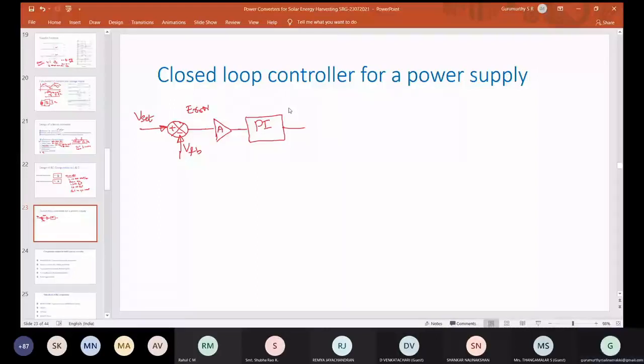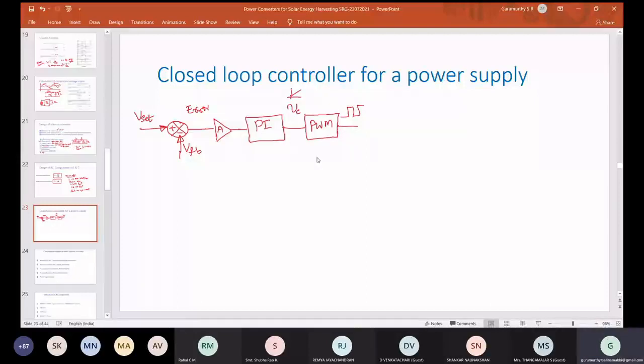That's why you need another block which will convert this voltage into pulses. So here it is voltage, and what you get here is pulses. This pulse you are going to give to our boost converter.